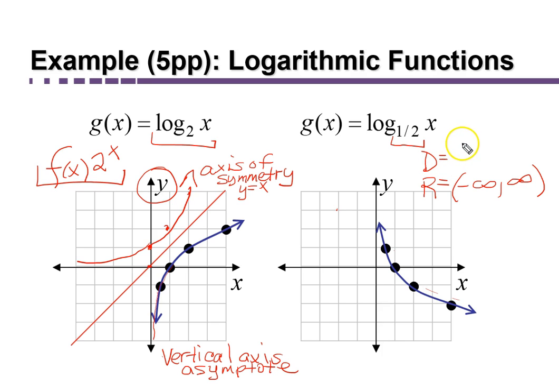Our domain then would be a parenthesis for 0. It never reaches 0 here, but goes to positive infinity. So in its logarithmic form, I don't know if you've noticed, this is just the reverse of what we've done for its exponential form, for its domain and range. And again, this is example 5.